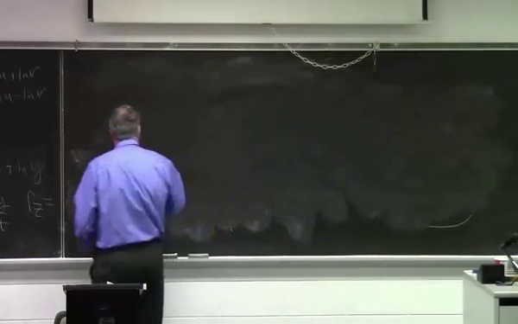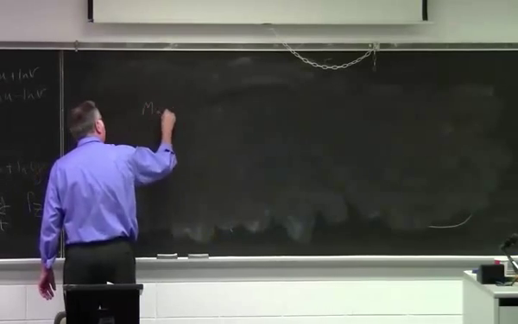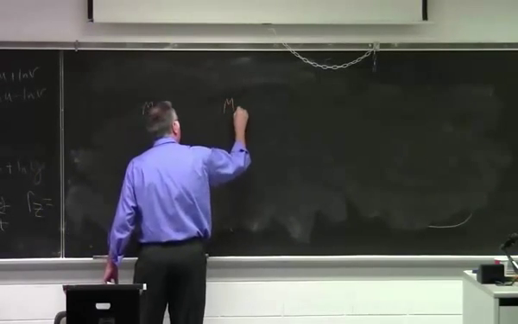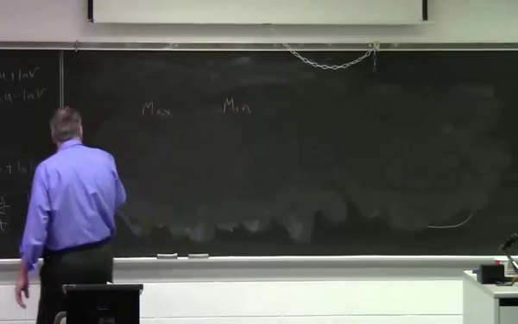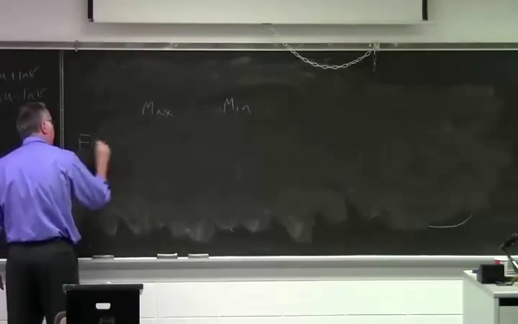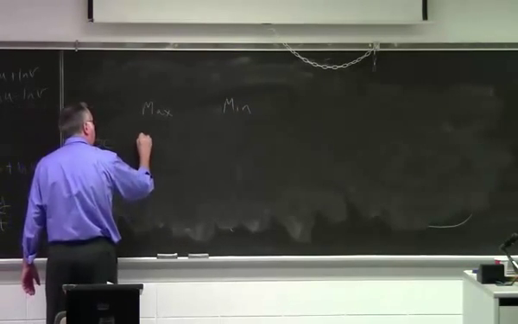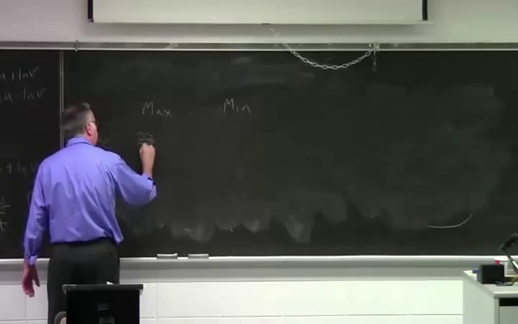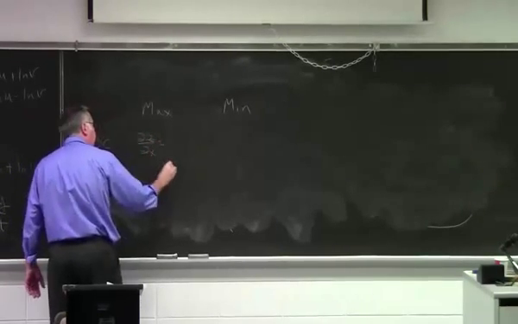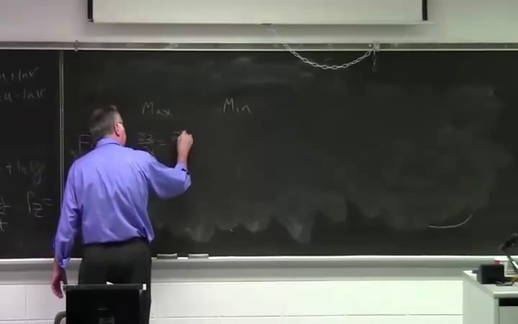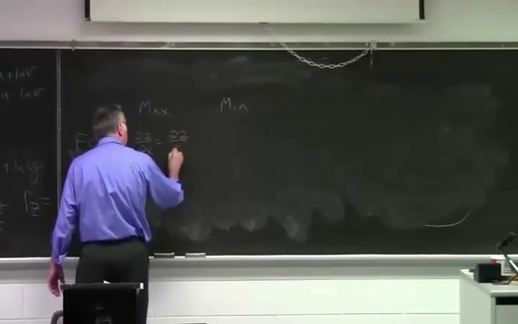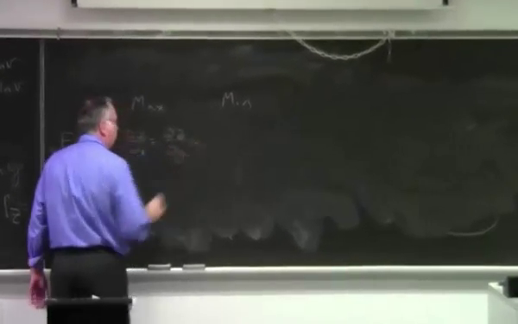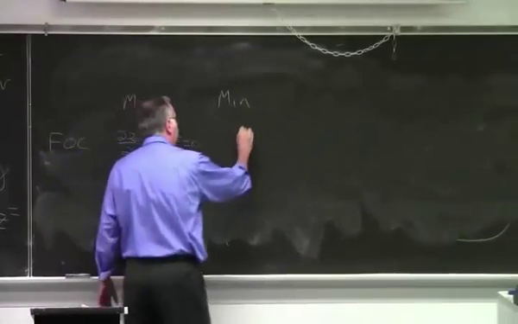All right, let's look at both a maximum and a minimum. The first order conditions are, as I said before, partial z, partial x equals partial z, partial y equals 0. Same thing for the minimum.